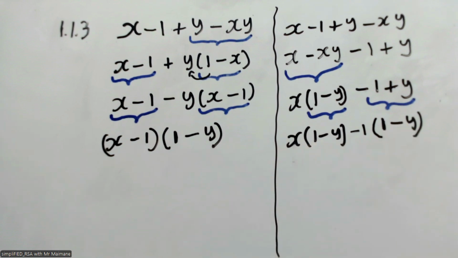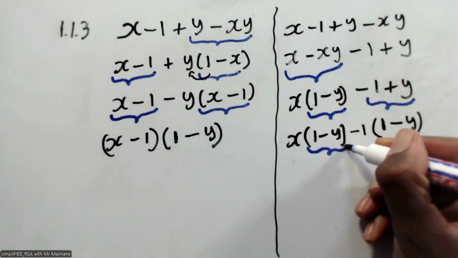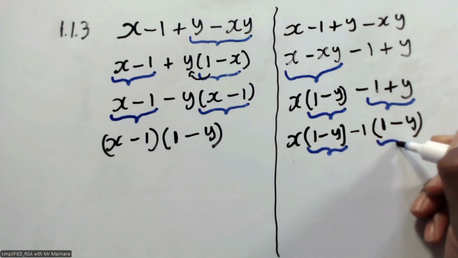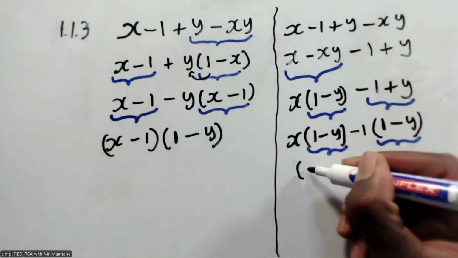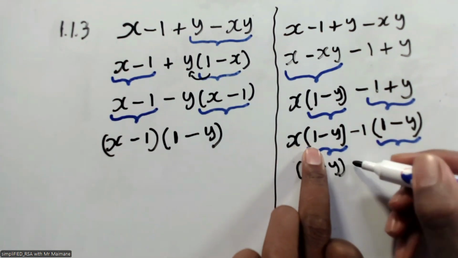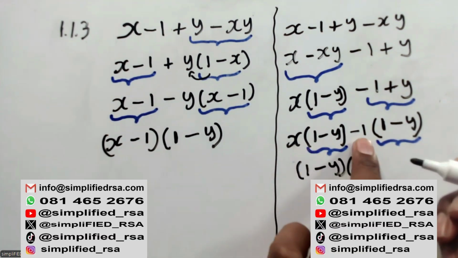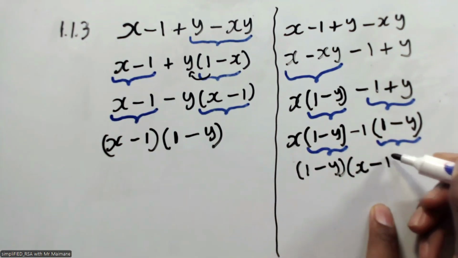Such that I have a common factor of 1 minus y and 1 minus y there. If I take out my common factor of 1 minus y, I would be left with, where there was x times 1 minus y, just x. Where there was minus 1 times 1 minus y, just minus 1, like that.